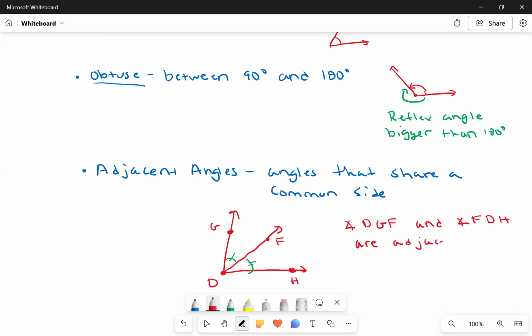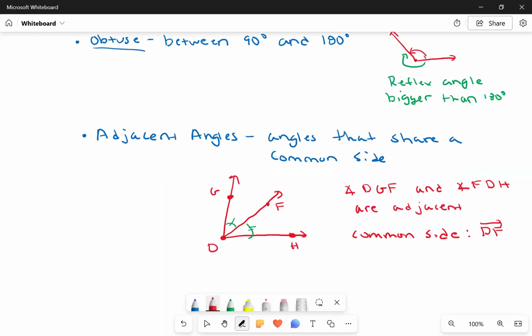And the side that they're sharing in common is that side, or ray DF. So the common side is the ray DF. Okay, so there we go. Adjacent angles. Now that I've defined what adjacent angles are, we can do complementary angles.